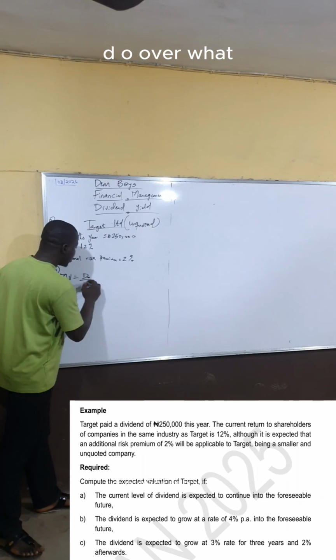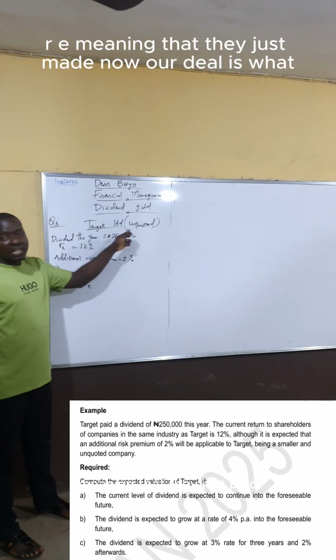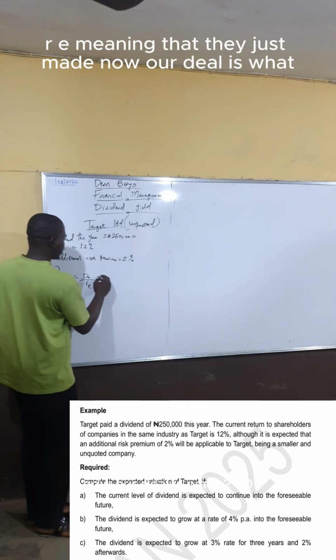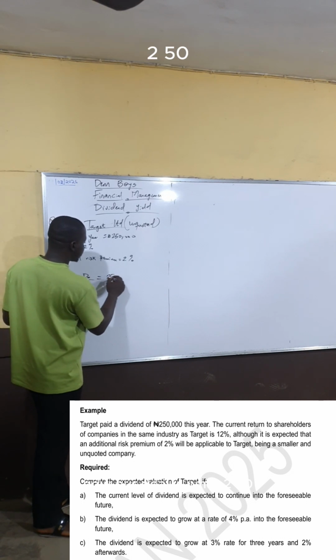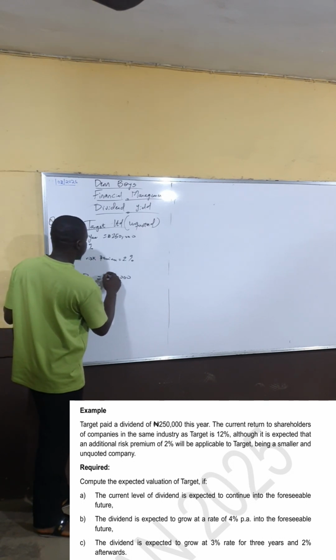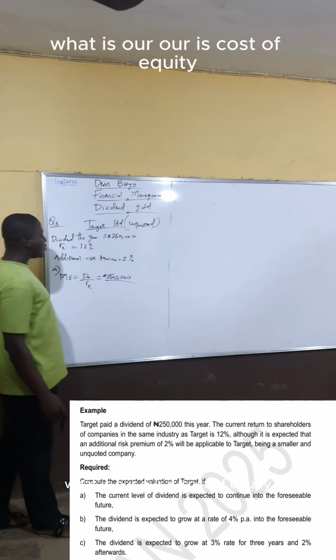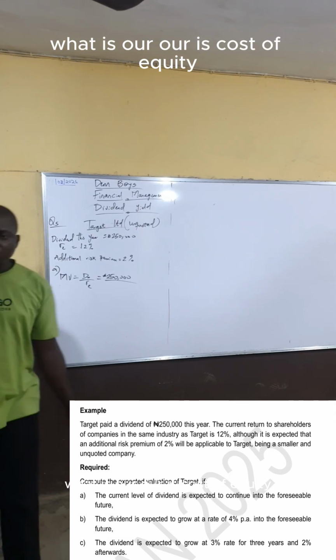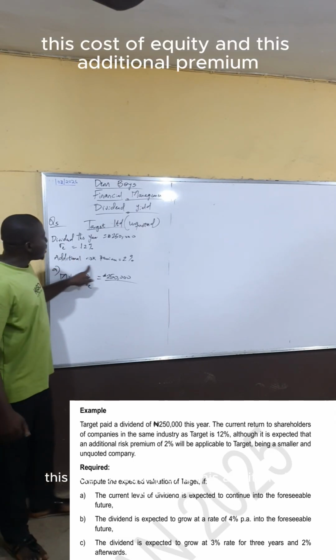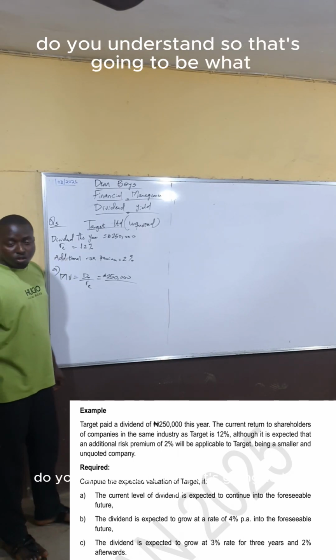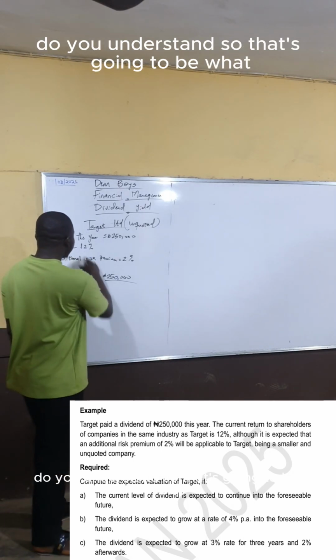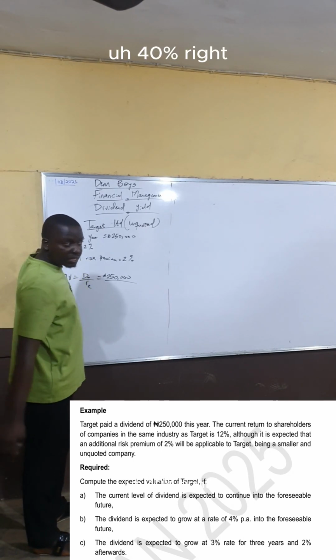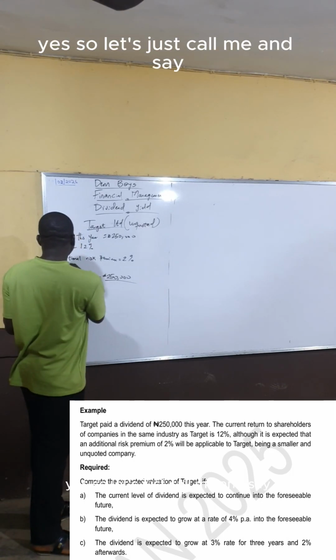So the market value is D over RE, meaning the dividend they just paid. Our D is 250. What is our RE? Our RE is the cost of equity. This cost of equity and this additional premium, we need to add them together.